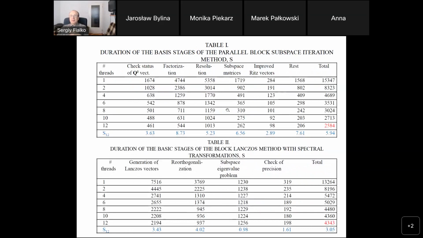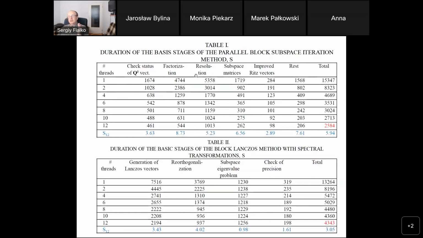In table 1, we present the durations of the separate principal stages of our approach, as well as the duration of the total approach on several threads. This is the duration of the check status stage of vectors in the Q block. This is the duration of factorization.